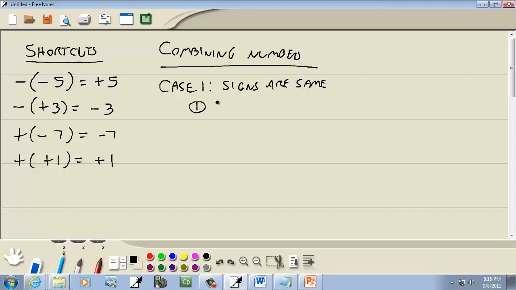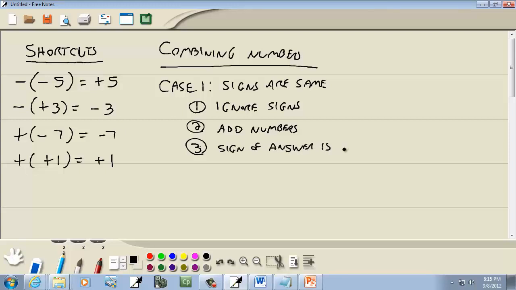We're going to ignore the signs. Then we're going to add the numbers. Then the sign of our answer is the original sign, whatever they were originally.